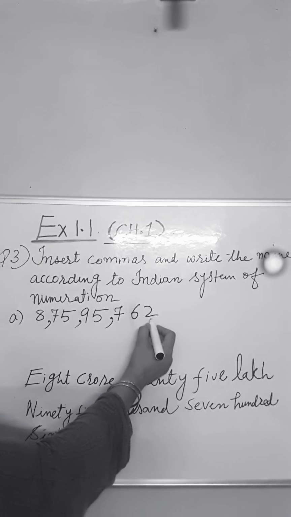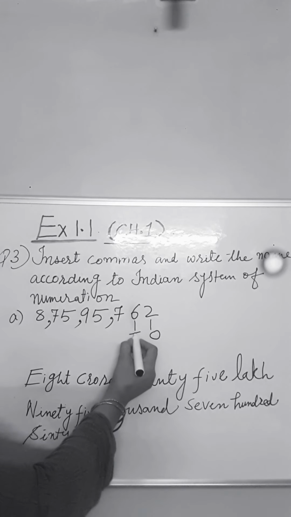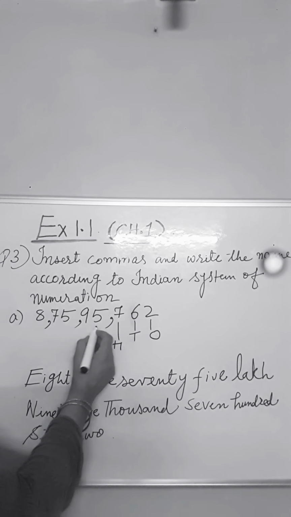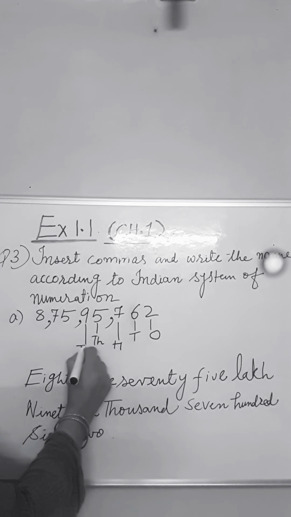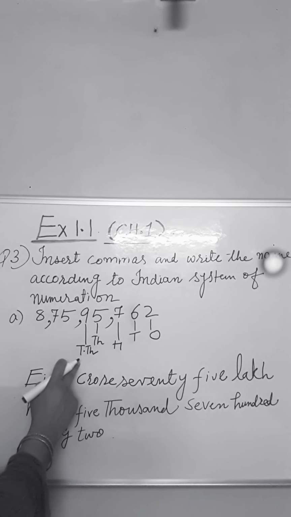So this is ones place according to Indian system of numeration. Ones place, tens place, hundred place, then thousand place. This is 10,000, thousand and up to 10,000. The places are same in Indian system of numeration and international system of numeration.